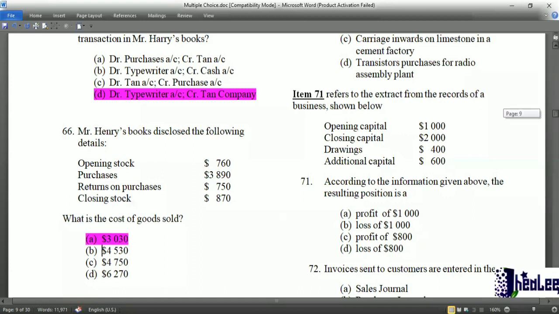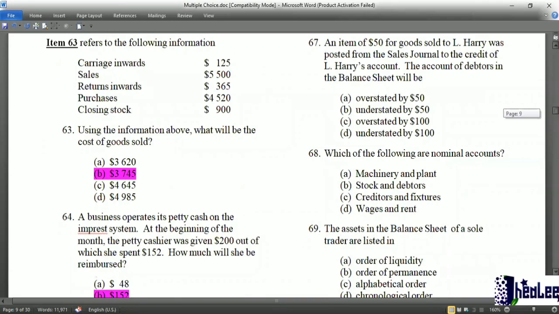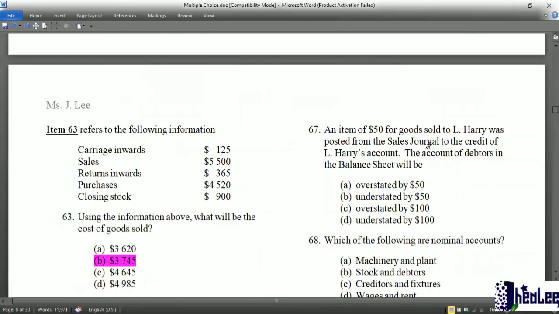Moving on to 67, an item of $50 for goods sold to El Ari was posted from the sales journal to the credit of El Ari's account. The account of debtors in the balance sheet will be understated by that $50.